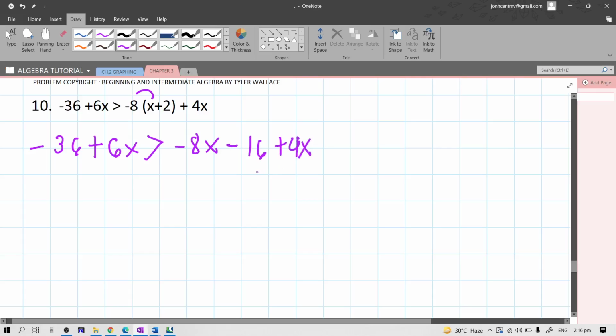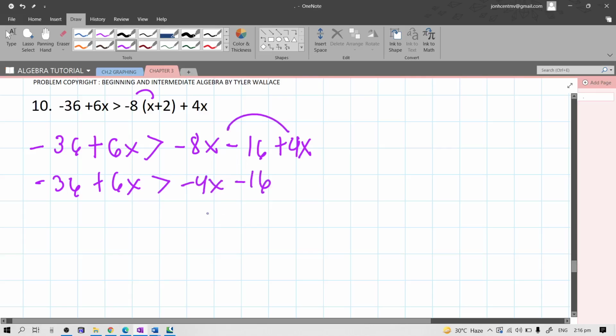Okay? So, add this simultaneously. Okay? So, we have negative 36 plus 6x is greater than negative 4x minus 16.